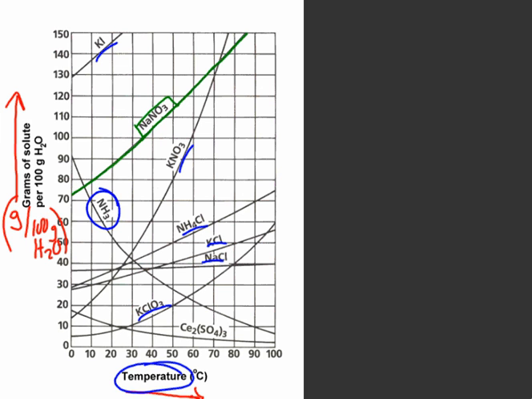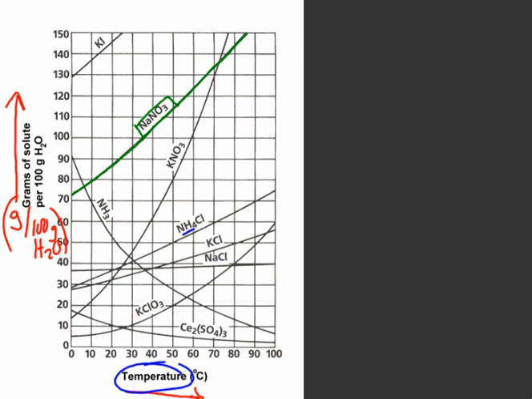Things like ammonia and other gases will decrease as the temperature goes up. Cerium sulfate, even though it is a solid, will decrease as the temperature goes up, but you can tell it levels off. But the main thing we're dealing with here is the sodium nitrate. So let's get back on point.